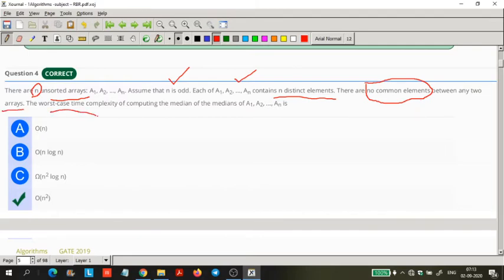So the worst case time complexity of computing the median of the medians of a1, a2, up to an is?